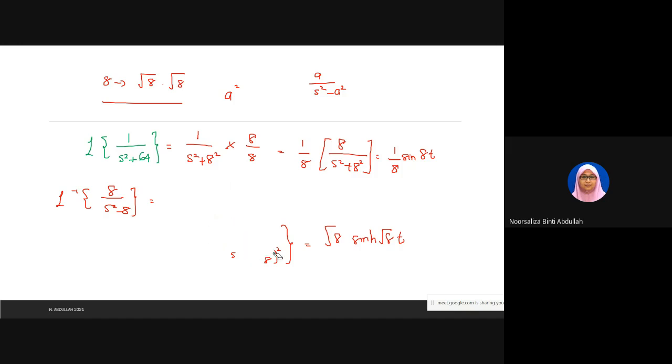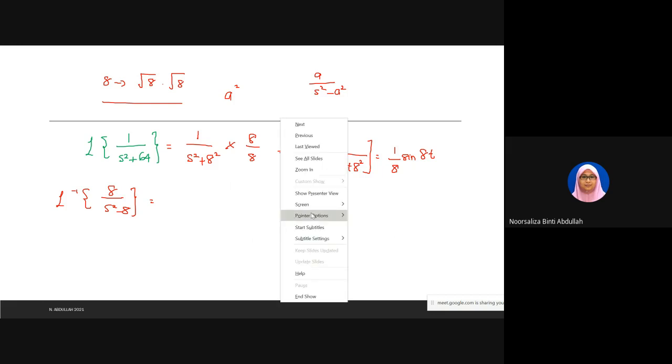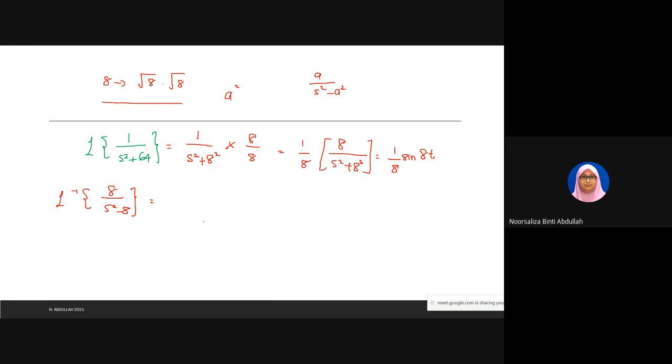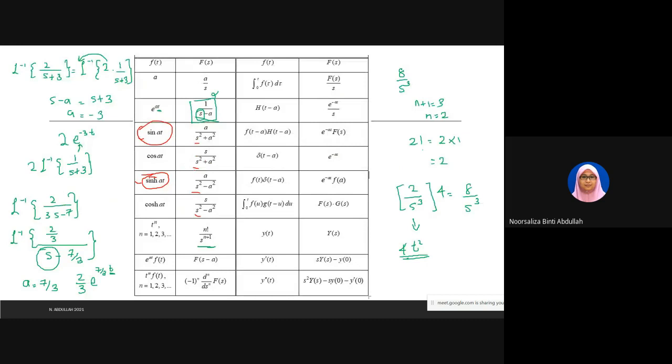Okay, so I start from, I'm so sorry, because tadi kan anak saya tak buka kan. So okay, you have an inverse. If you look at the table, it's actually s square minus a square.